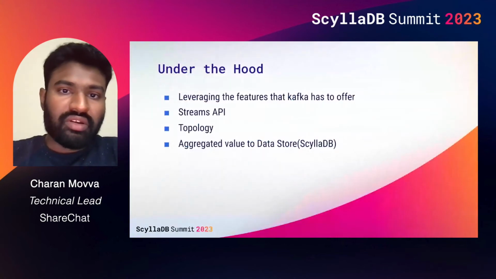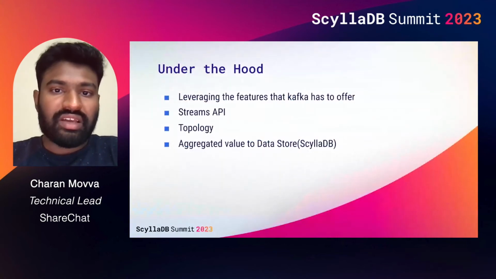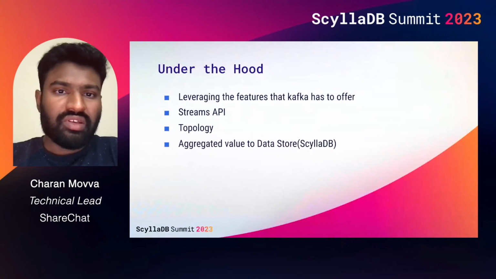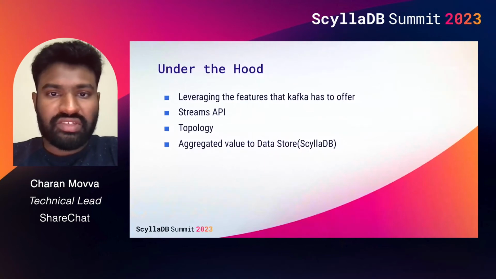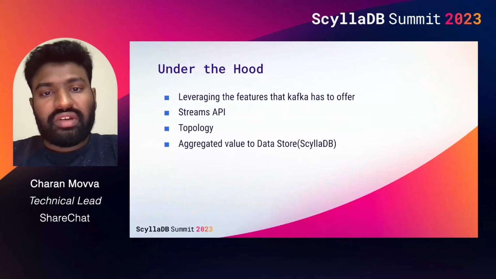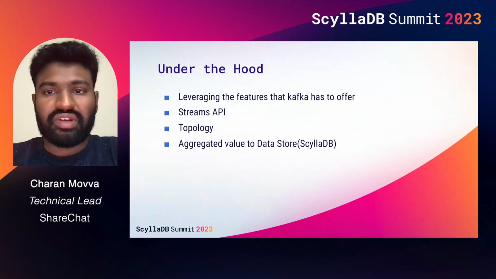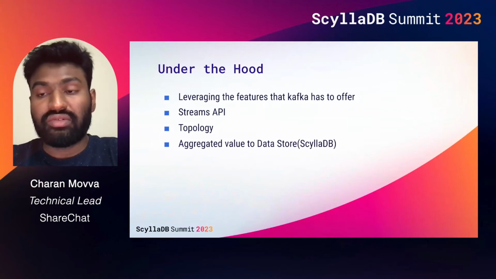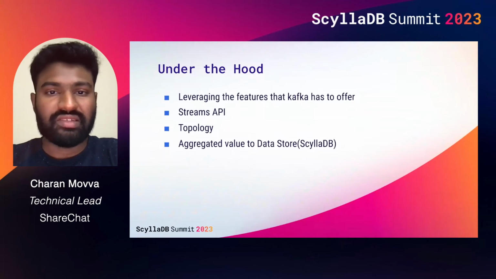So what is actually happening under the hood? We are leveraging the features that Kafka has to offer, as in we don't have to worry about the messages or the events for a given post ID and a specific counter being processed in two different pods or instances.